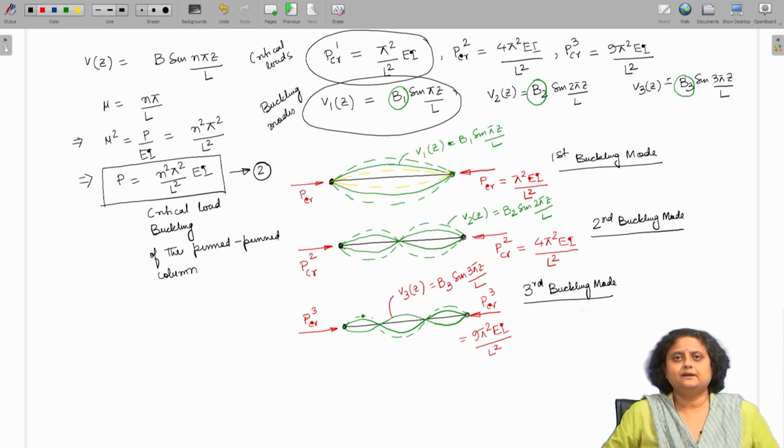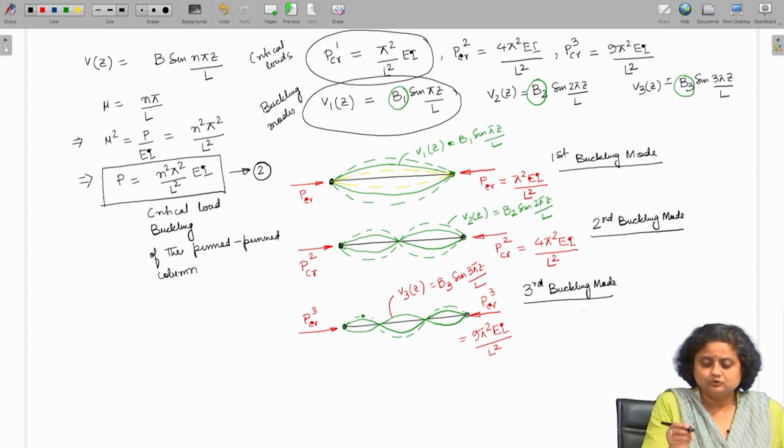So, the nth P critical value is going to be n square pi square E I by L square. Now, corresponding to each critical load, there is a buckling mode, that is the shape according to which the column will deform. The absolute value of this deformation is non-unique. It could be anything, but the shape is fixed.